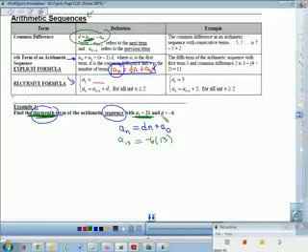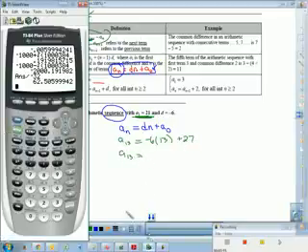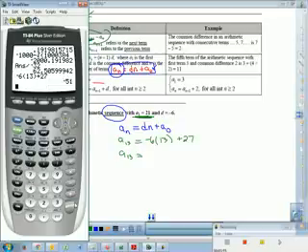If the common difference is going down by 6, down by 6, down by 6, how do I go backwards and find the 0th term? Go up by 6. 21 plus 6 is 27. So now let's compute. The 13th term is going to be negative 6 times 13 plus 27. What's the 13th term in that sequence?